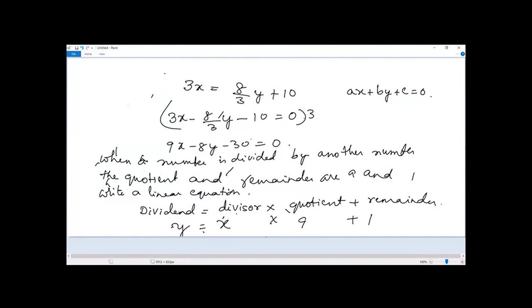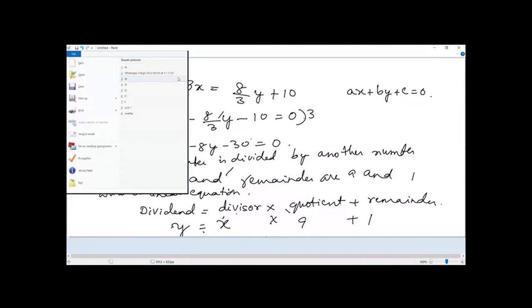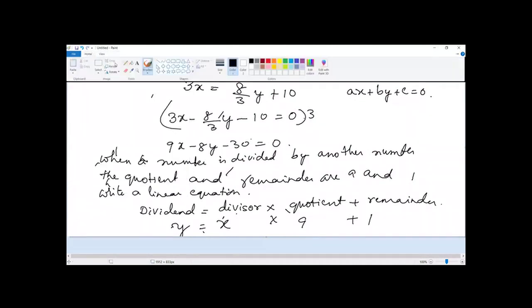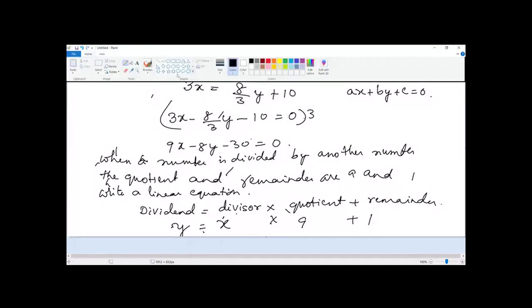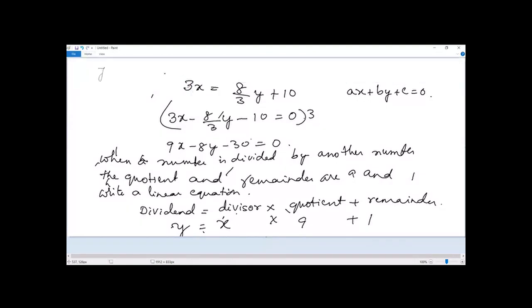So the equation will be y is equal to 9x plus 1. Correct? Yes, ma'am.